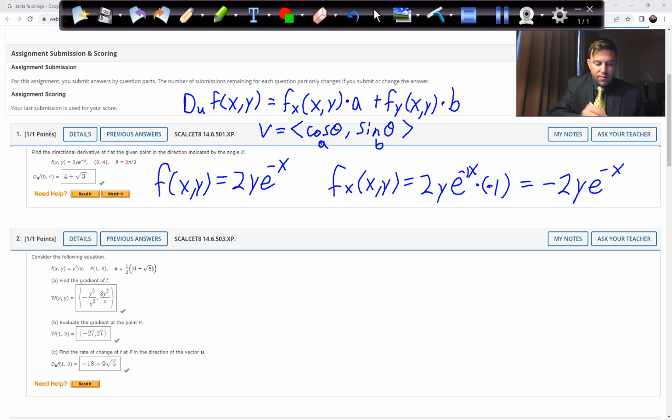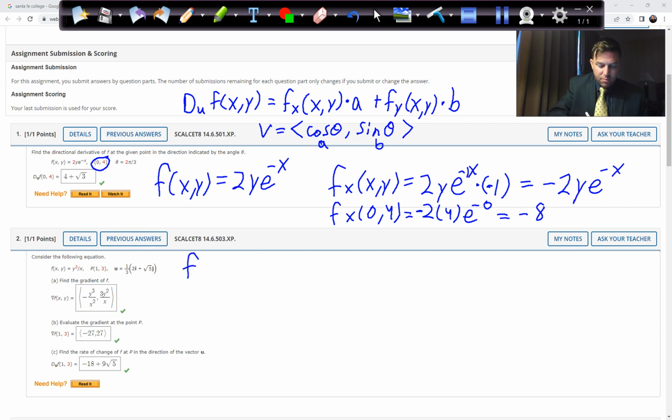Okay, now we're going to evaluate that at the point (0, 4). So f_x(0, 4) would be replace y with 4, replace x with 0. Oh, there's a minus in front of this. And so e to the minus 0 is just 1, and minus 2 times 4 is going to be minus 8.